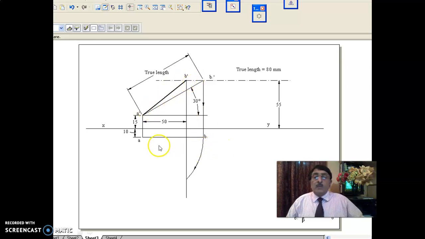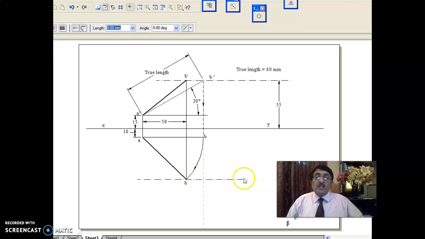Once you have the front view, you see here, this is the true length; make the corresponding top view parallel to the XY line, which you can rotate till it cuts the end projector or locus. Sometimes it cuts the locus, sometimes the end projector. Wherever it cuts, that is the position of B in the top view.